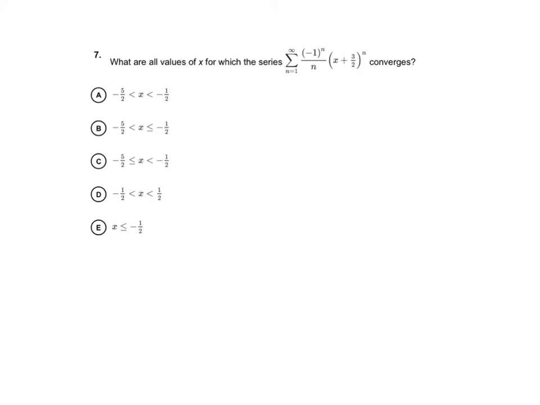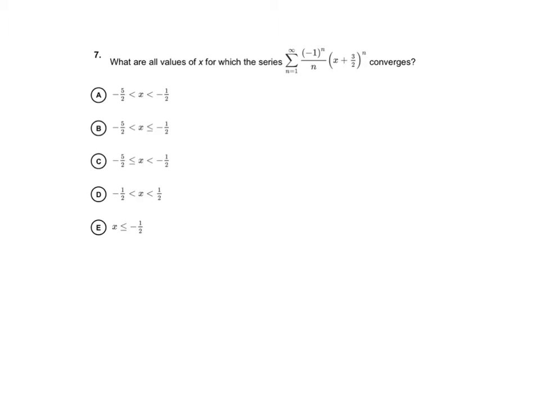Okay, so this is not geometric, so we'll have to do the ratio test. Remember, for the ratio test, forget about the alternating series part.